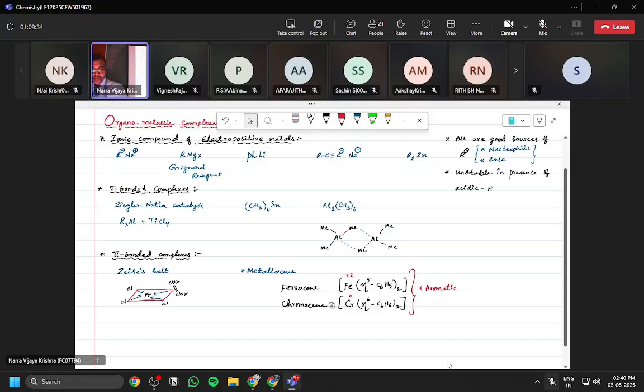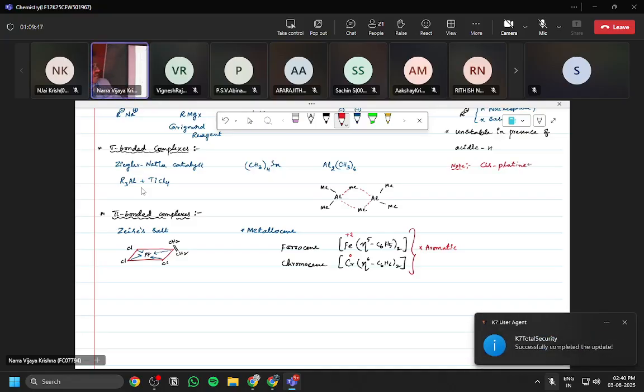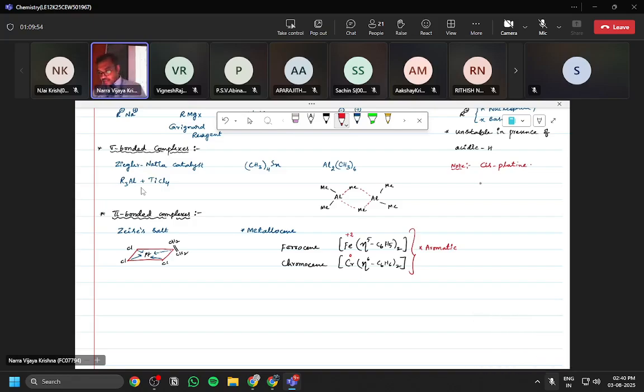What about this word cisplatin? Discuss this point. What is this cisplatin? Instead of ethene and chlorine, take 2 ammonias here, right? Now cisplatin.